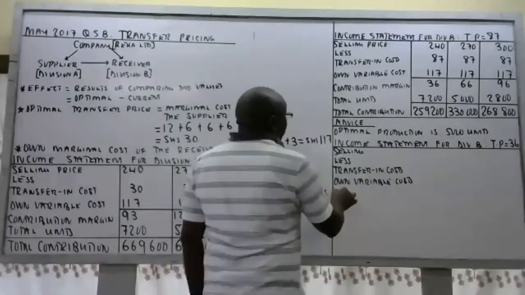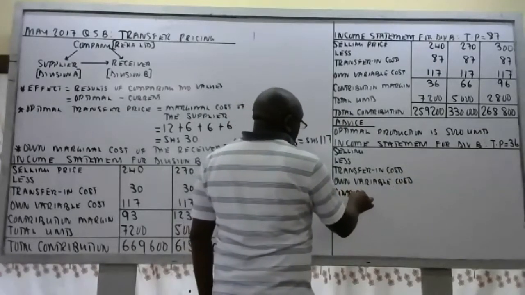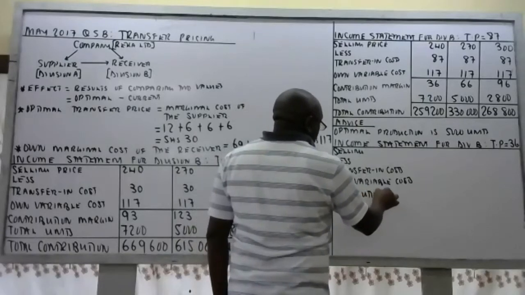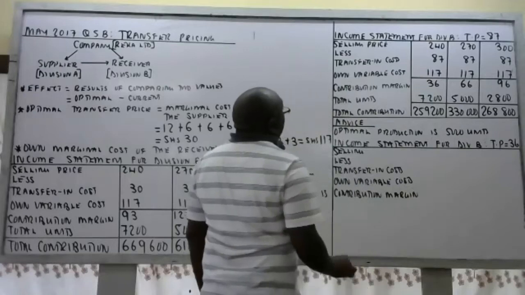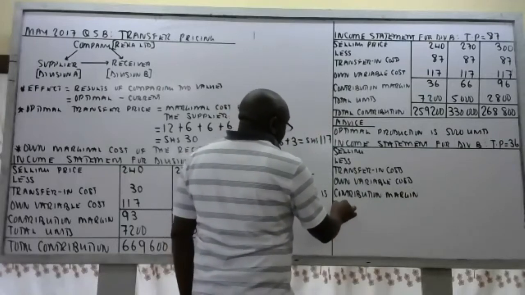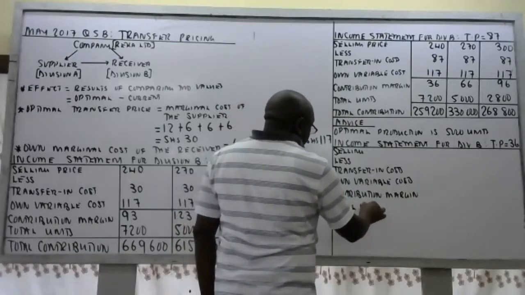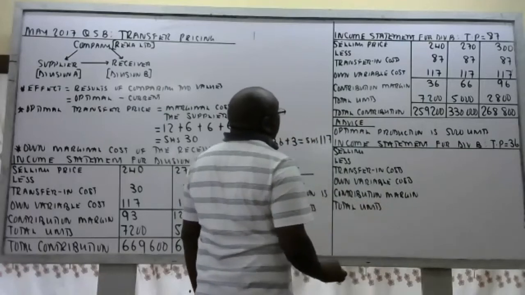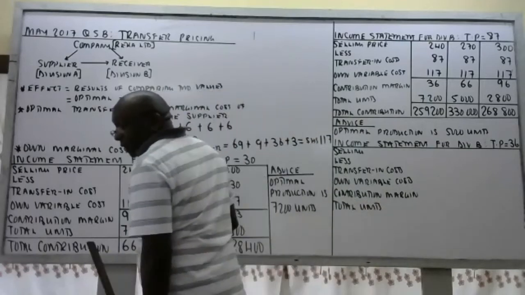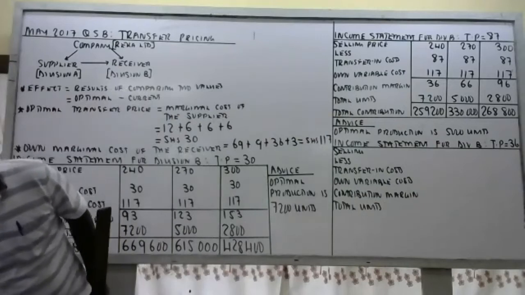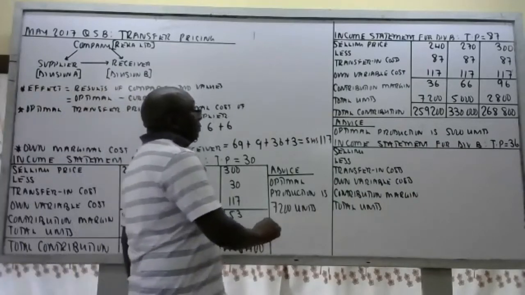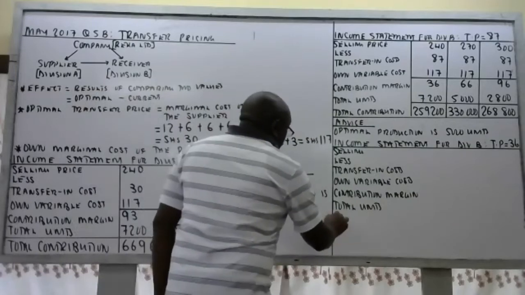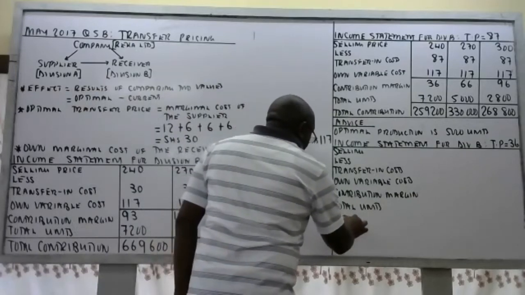That will give us contribution margin. Then we have total units. Then I have total contribution.